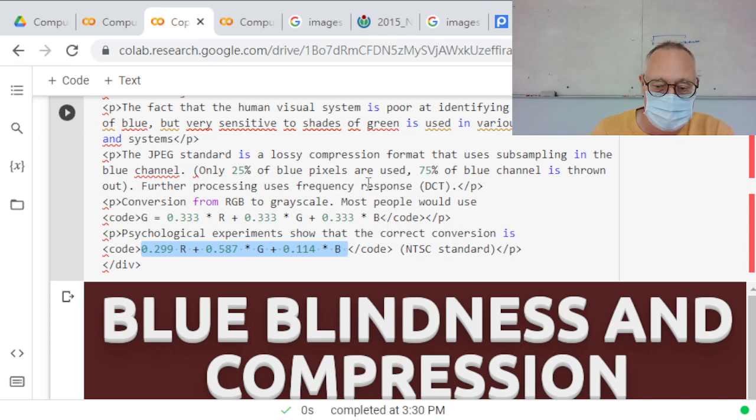If I calculate R plus G plus B divided by 3, which is what you would intuitively calculate, then it's only 2 additions and a division. Here we have floating point numbers and 3 multiplications, 3 additions.